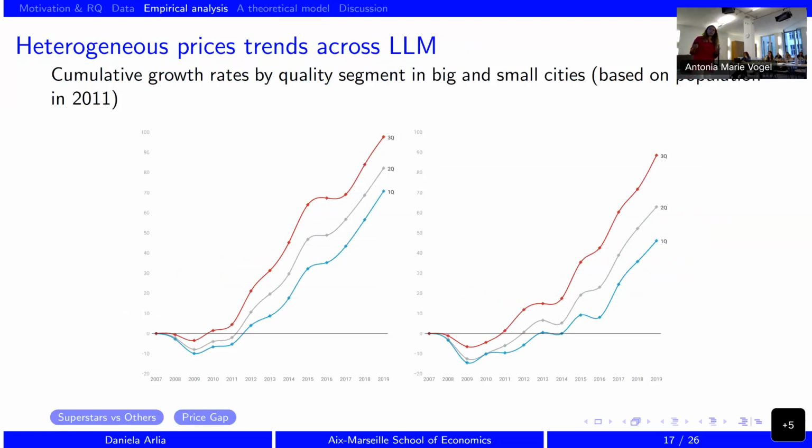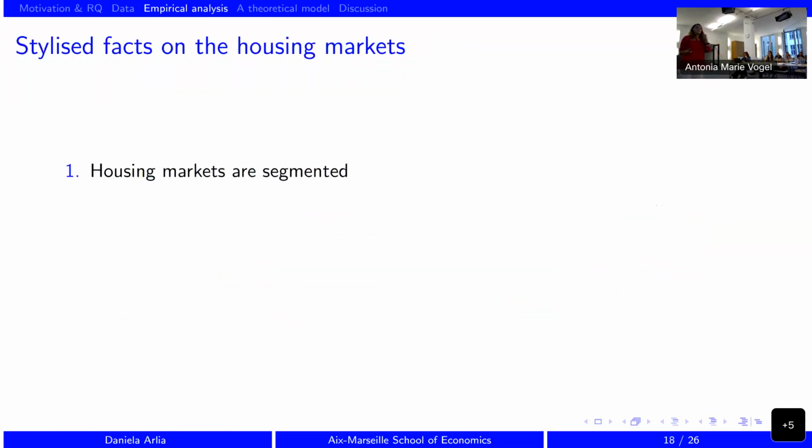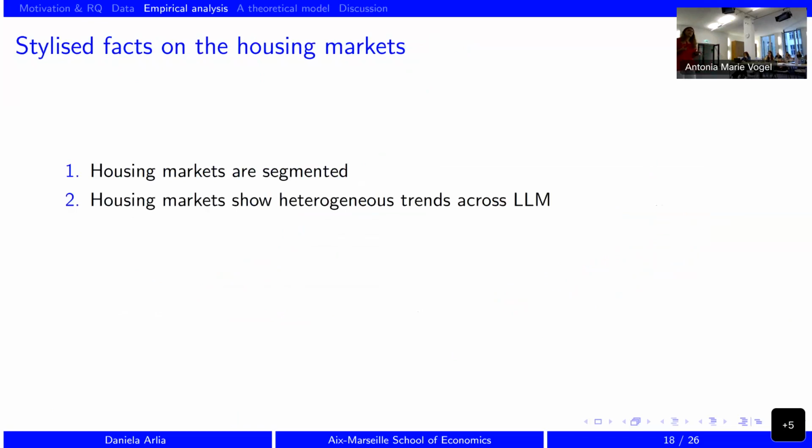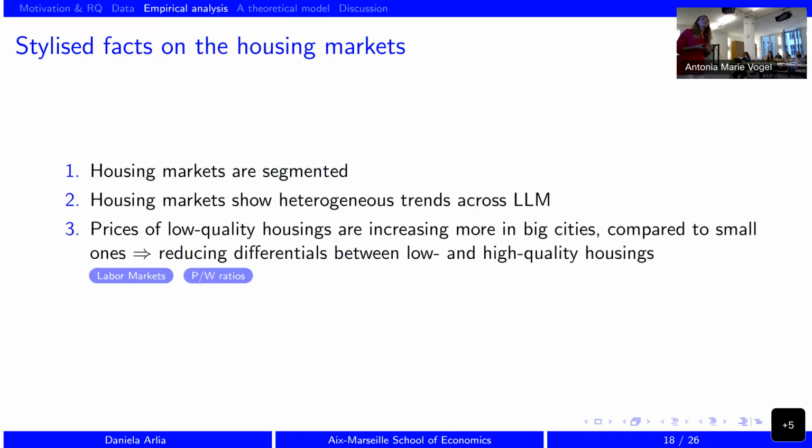So some statistical facts to retain from these: housing markets are segmented, and they show heterogeneous trends across local labor markets. And prices of low quality housing are increasing more in big cities compared to small cities. And this means that there is a reducing differential between low and high quality housing in big cities.